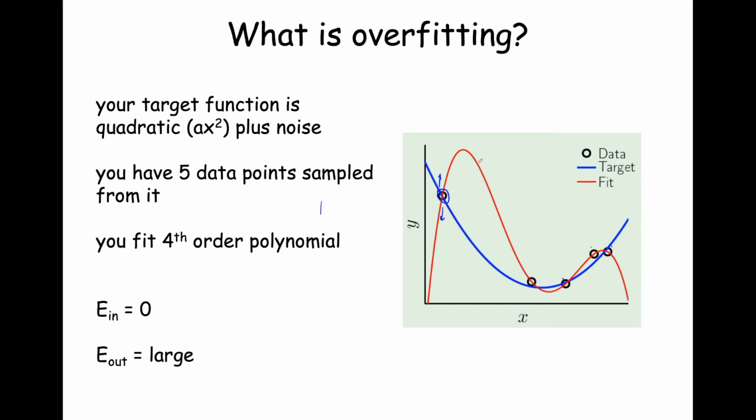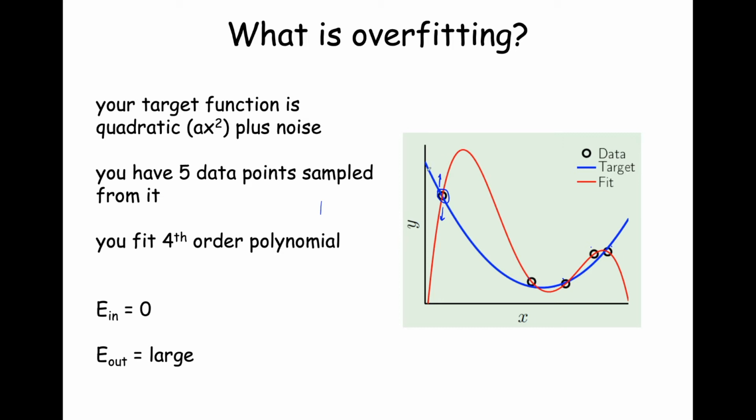And that 4th order polynomial has a higher degree, more degrees of freedom, so it can bend and twist and fold itself suitably in order to exactly fit each one of those 5 data points sampled from the noisy quadratic. And we'd find that in-sample error is 0. As you can see, it precisely pierces each one of these data points, our red curve does.